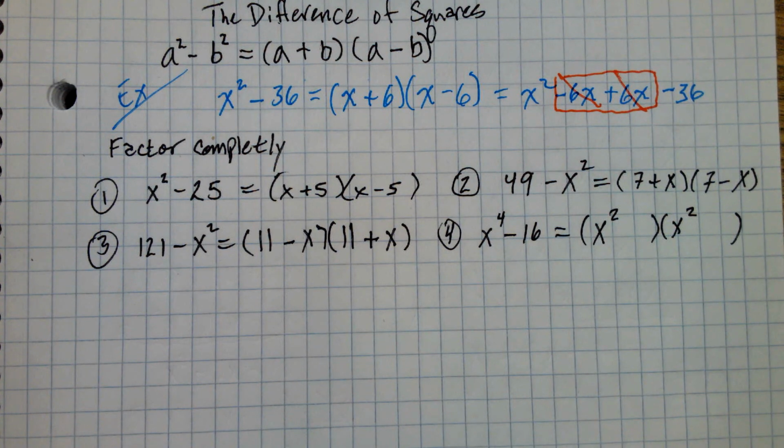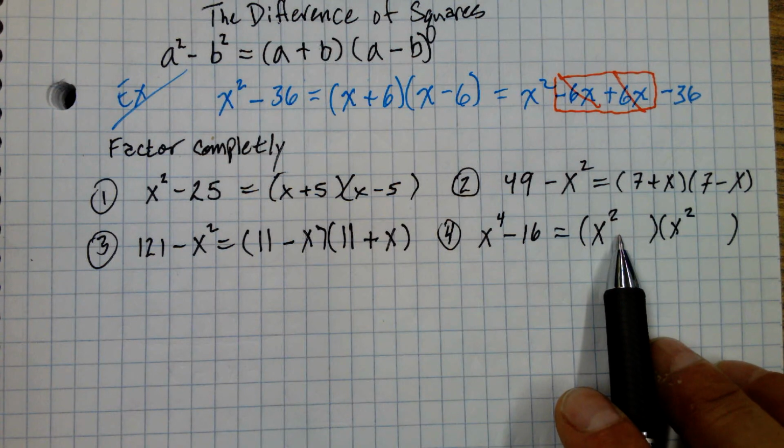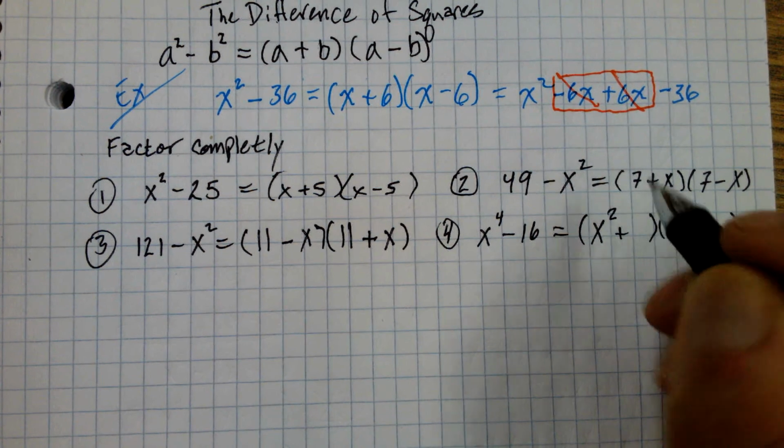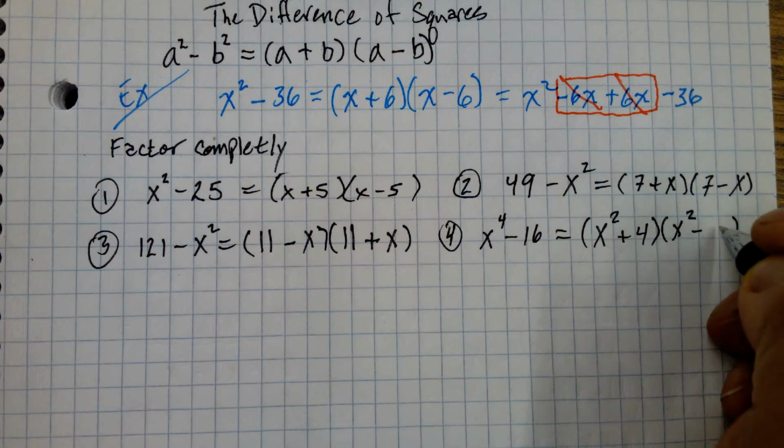Okay. Ooh, okay. I just thought about something. What would go here? Plus or a minus, or does it matter? It doesn't matter. So, and then the square root of 16, of course, is 4.